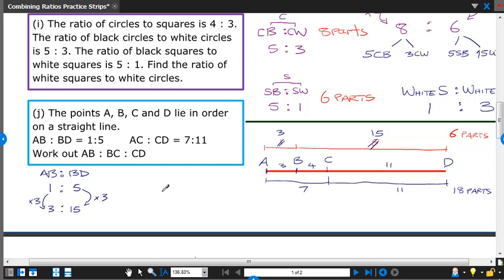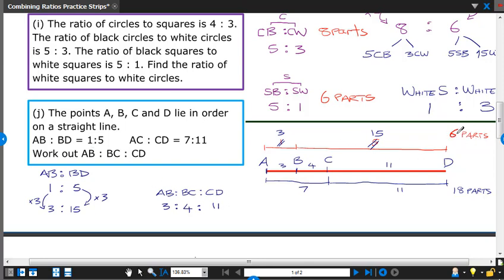Perfect. So let's do it. A, B, B, C, C, D. We know it's 3 parts to 4 parts to 11.